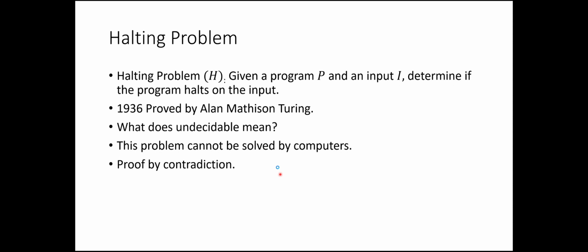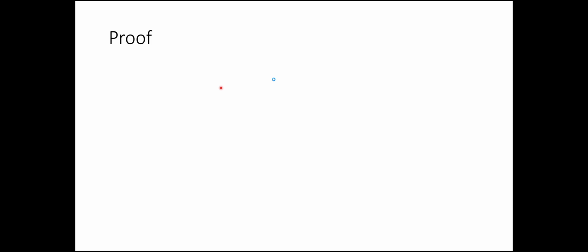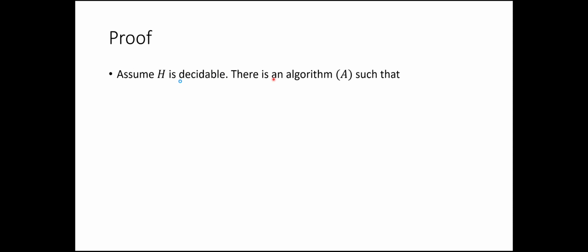We're going to prove the halting problem by contradiction. In other words, there is no decidable program that will solve this problem. The proof is, first we assume H is decidable. Decidable means you can have a program that will eventually give you the result.